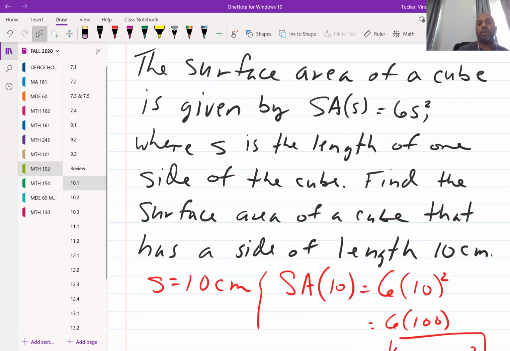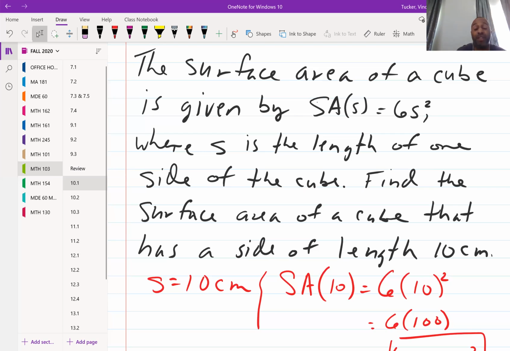So let's do the surface area one. It's not really a surface area problem. They pretty much give us a word problem in which we would have to do what they are asking of us through function notation. So we have surface area of a cube is given by the function SA of S is equal to 6S squared.